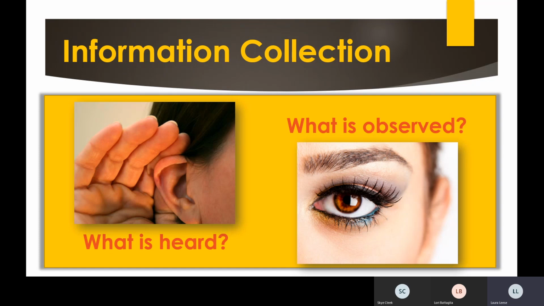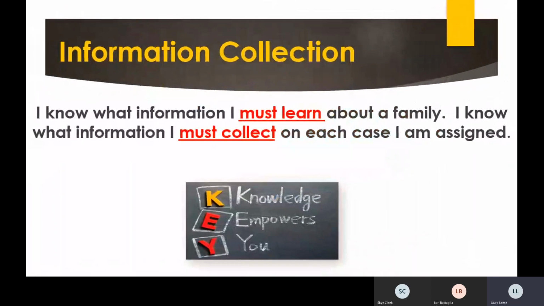So what does that mean? It means we're focused on what are we hearing? What are we observing? What is the family saying? What are providers saying, and those that are working with the families? What is being observed? It's important when we're working with the families and trying to get this information to appropriately identify both enhanced and diminished capacities.